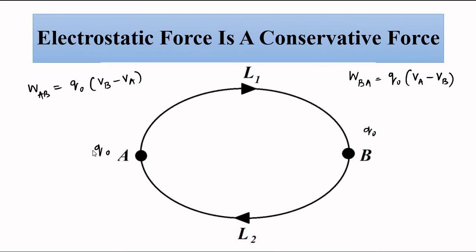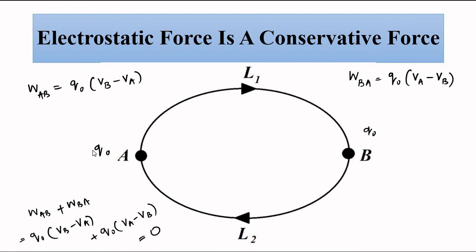Now if we add these two, WAB plus WBA, it will be Q0 (VB minus VA) plus Q0 (VA minus VB), which will be simply equal to 0.